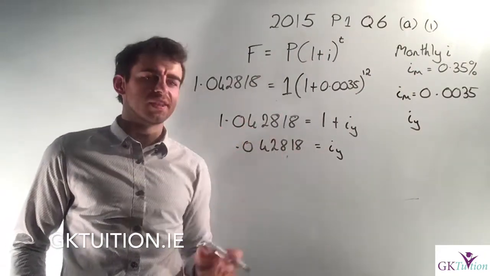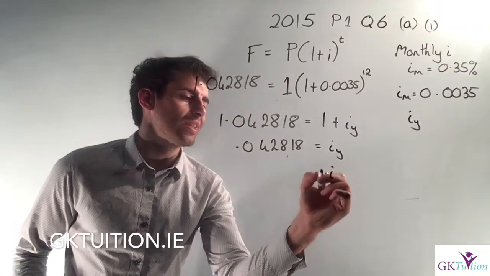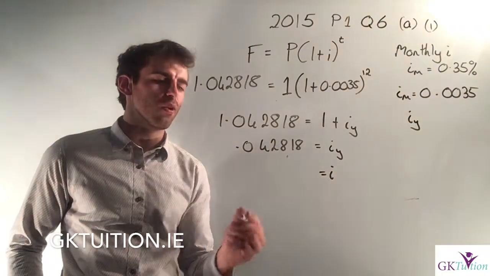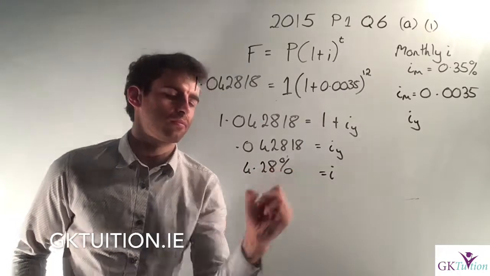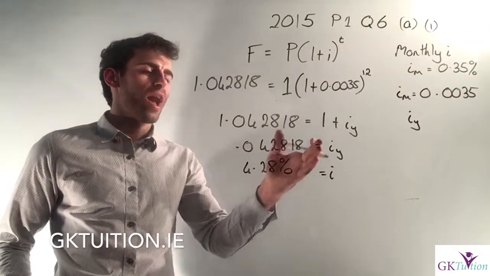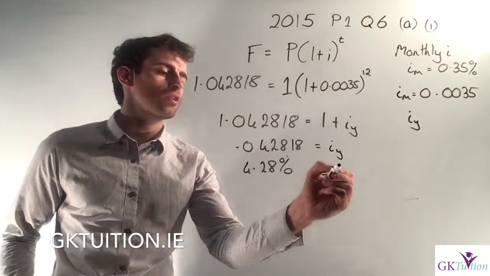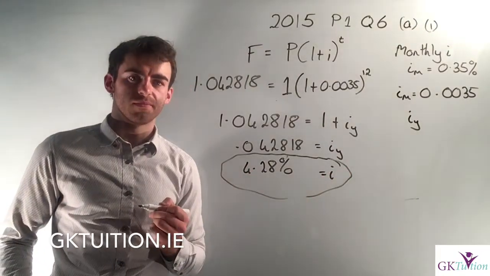To convert this to a percentage, I need to multiply by 100, which means that the yearly interest rate, or the APR, is equal to 4.28%. If I multiply this by 100, I get 4.28, and it asked me to get it as a percentage, so my APR, or my yearly interest rate, is 4.28%.